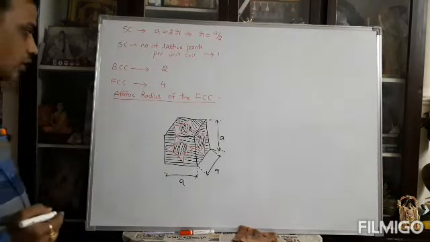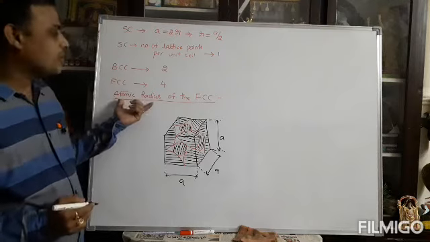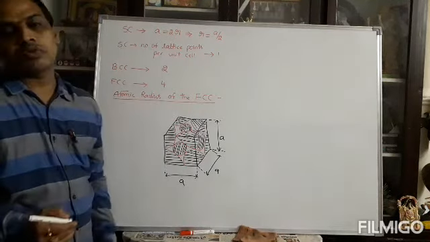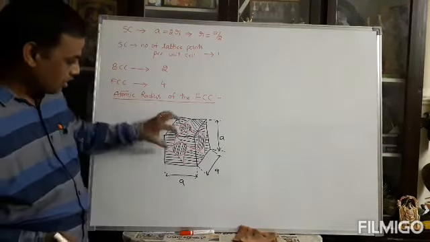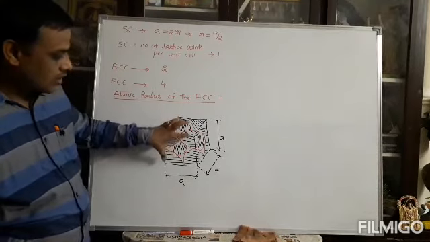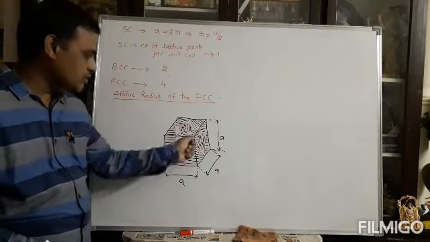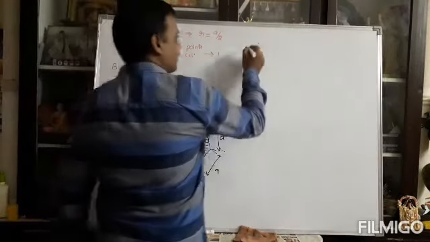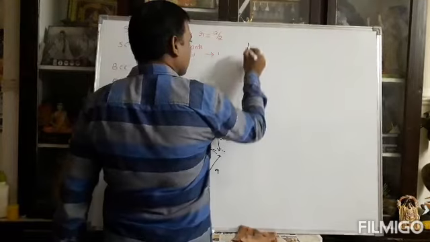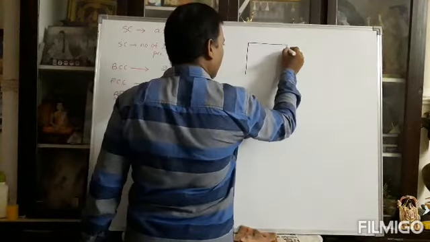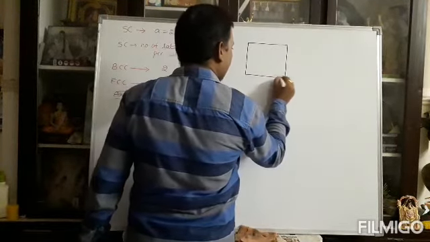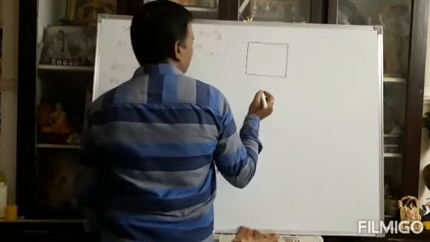So you want to find the atomic radius of the face-centered cubic structure atom. You can cover the face-centered cubic atoms with their lattice points. You can take from this corner to this corner, nothing but one face. This is one face.